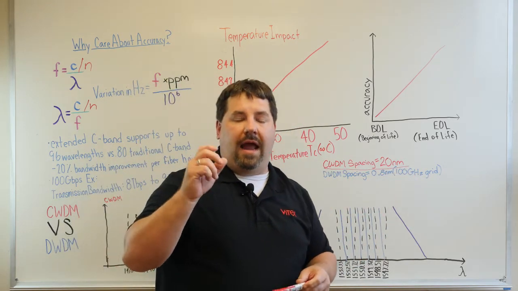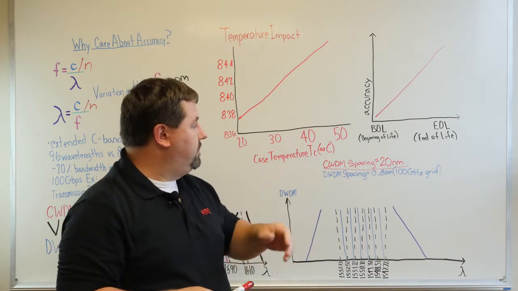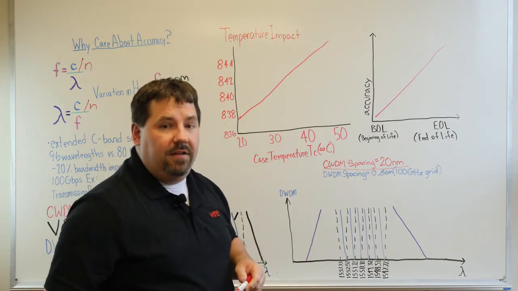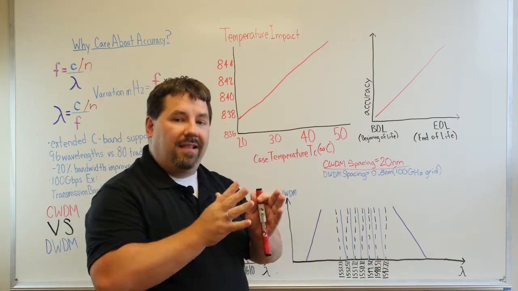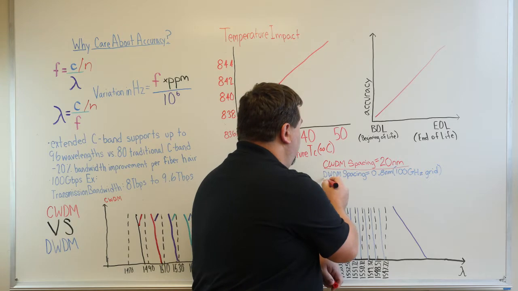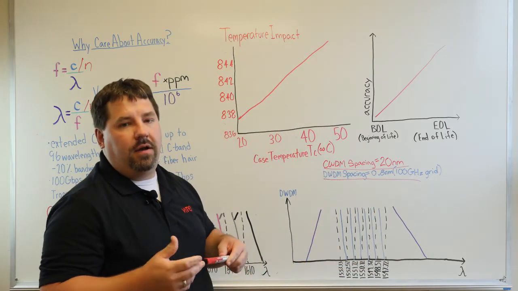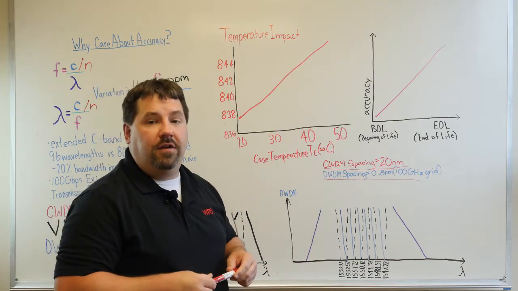So we want to make sure our accuracy can support this so our receiver is able to pick up the signals from one channel versus another. When we look at DWDM, it's a lot more dense. The light wavelengths are much closer together, around 0.8 nanometers when we talk about a 100 gigahertz ITU grid.